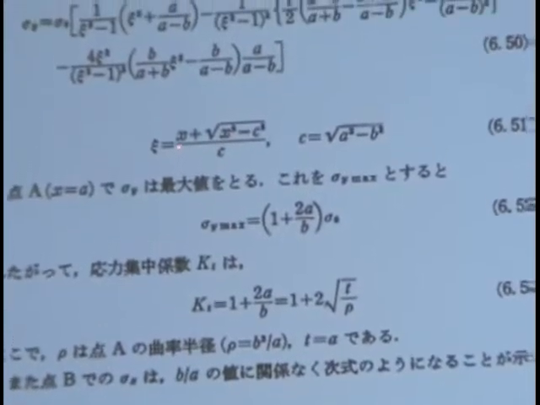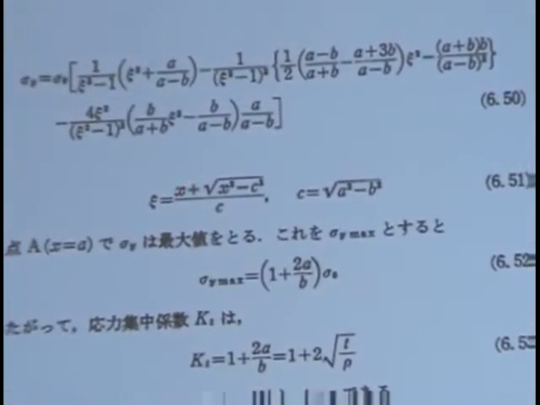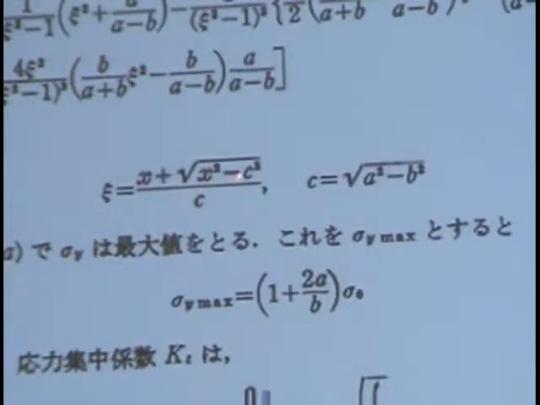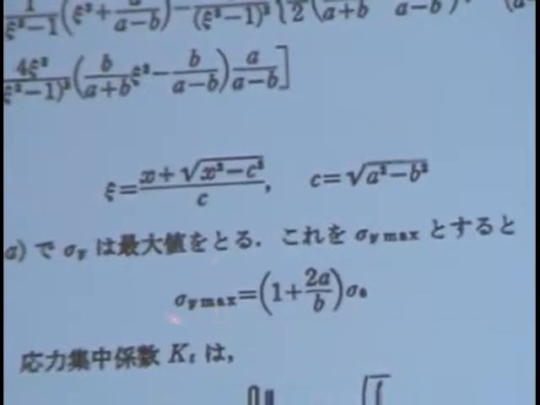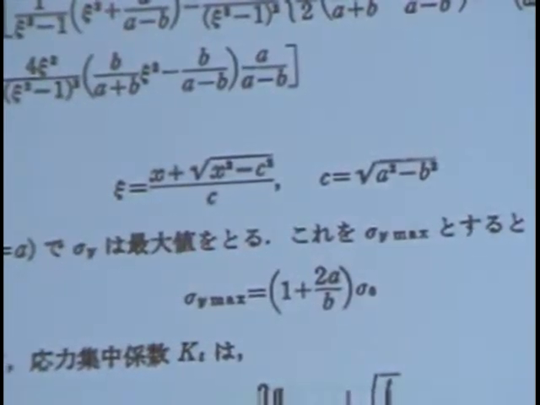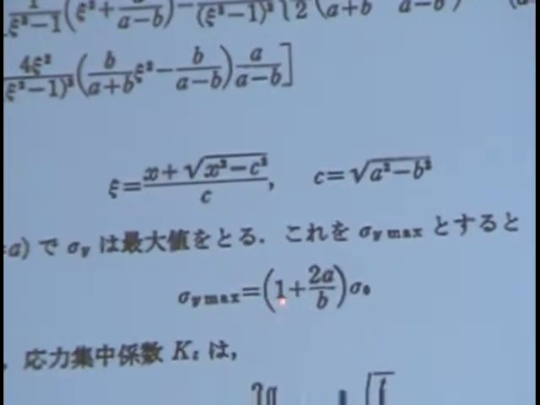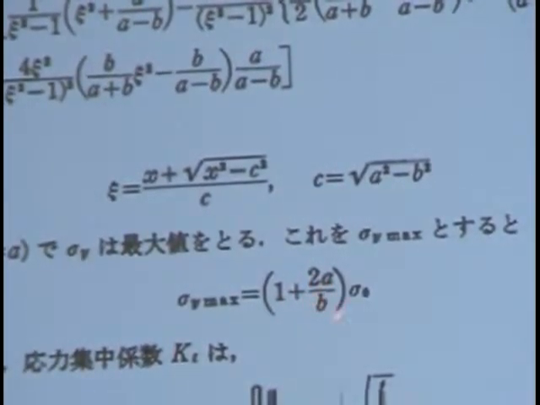If we put x equal to A, at point A the x coordinate is A, we put this A here and calculate, and sigma y becomes this value. So the stress concentration factor is 1 plus 2 A over B.